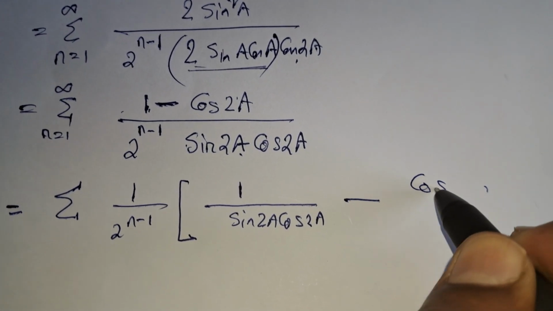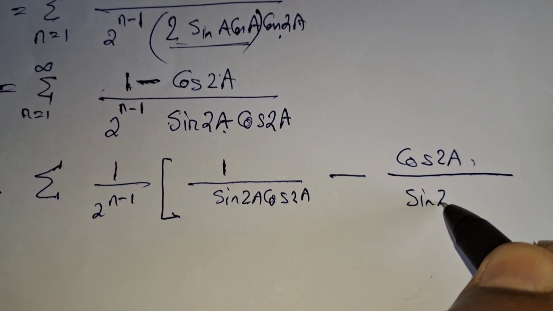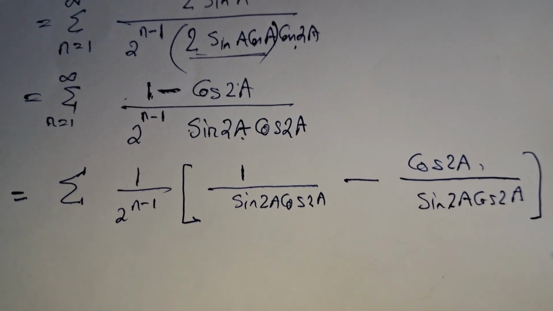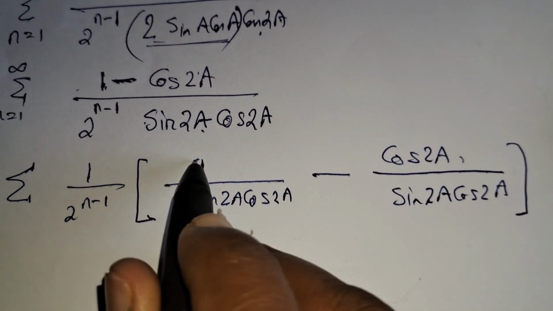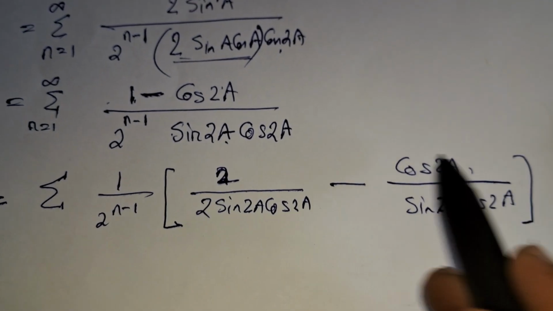Minus, and to get a formula you can write 1 2 over here. You are multiplying 2 in numerator denominator.